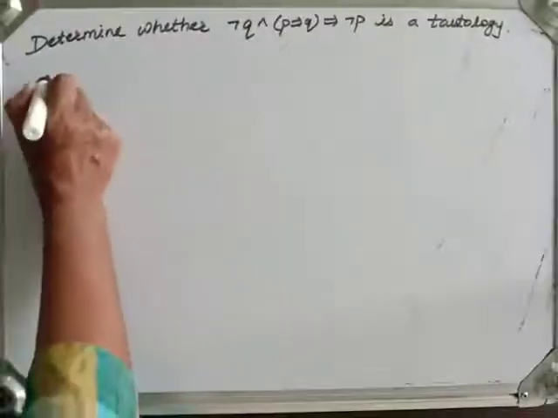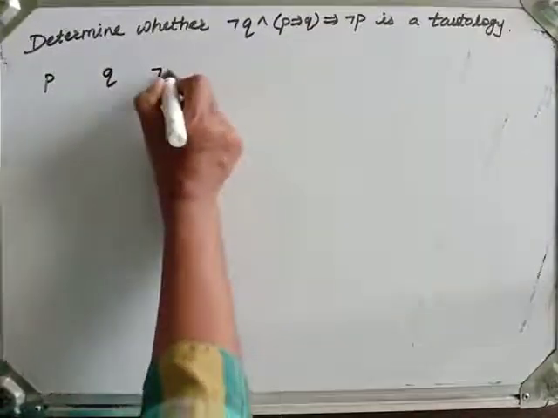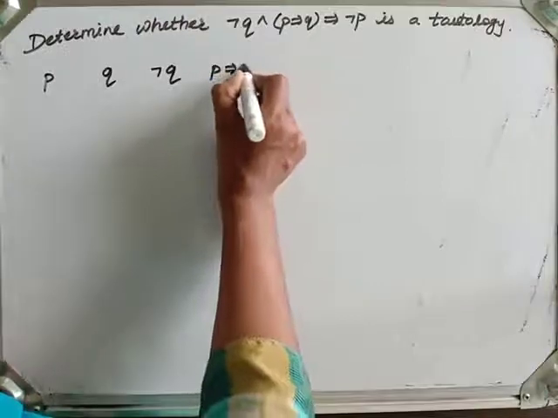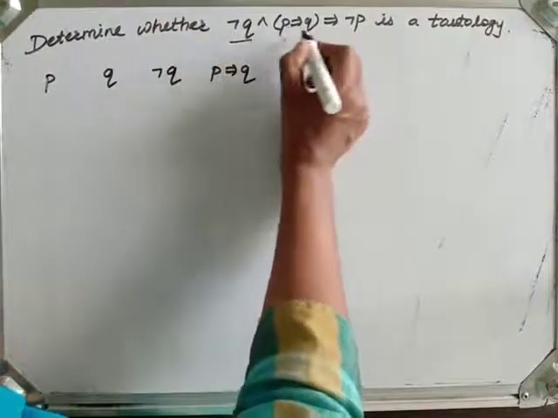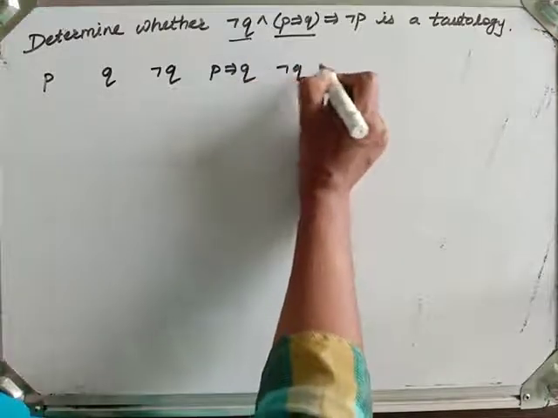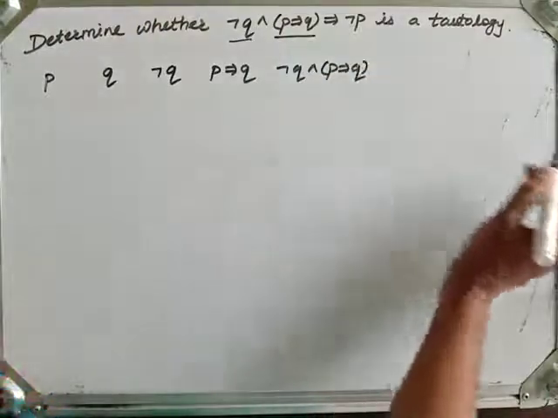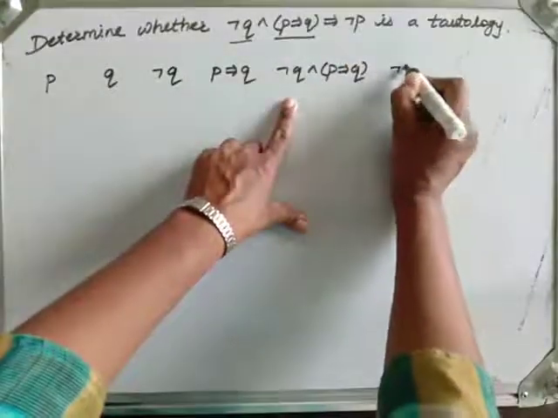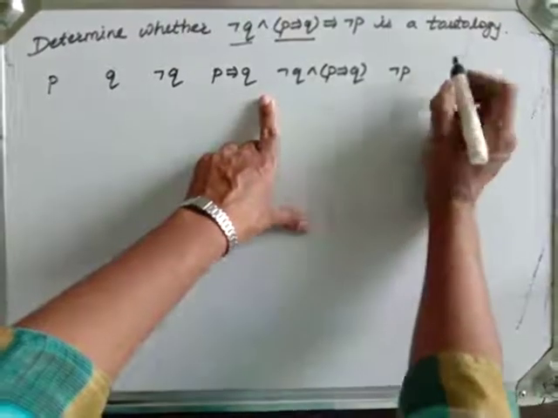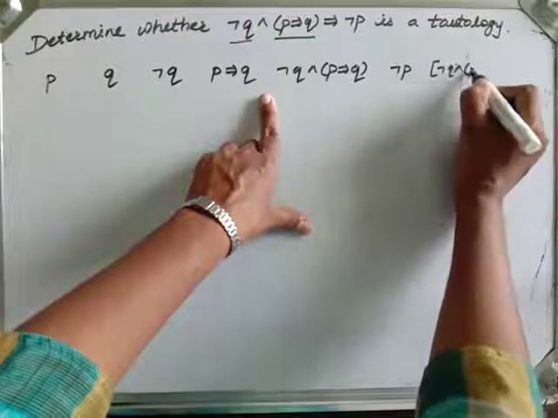So let us take P, Q, and we also need negation of them. Negation Q, let me find first. Then P implies Q. Now there is an and between negation Q and P implies Q. Okay, now negation P, and then the implication between these.